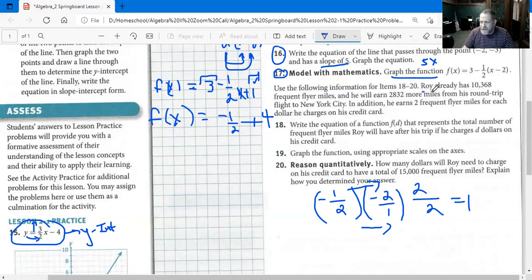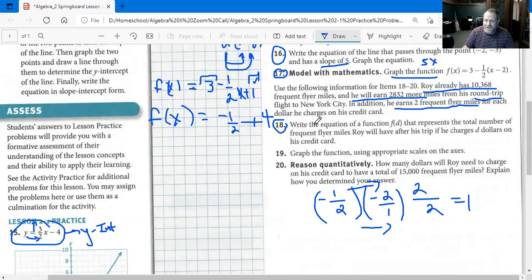Roy already has 10,368 frequent flyer miles, but he will earn 2,832 more miles from his round trip flight to New York City. In addition, he earns 2 frequent flyer miles for each dollar he charges on his credit card.